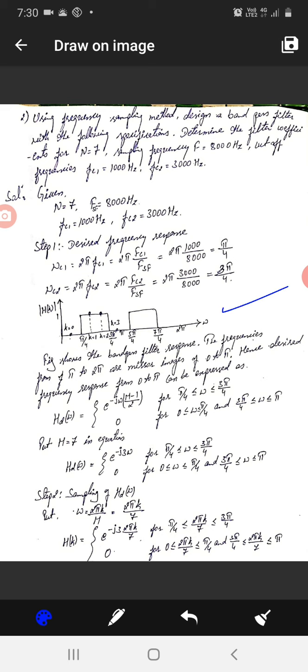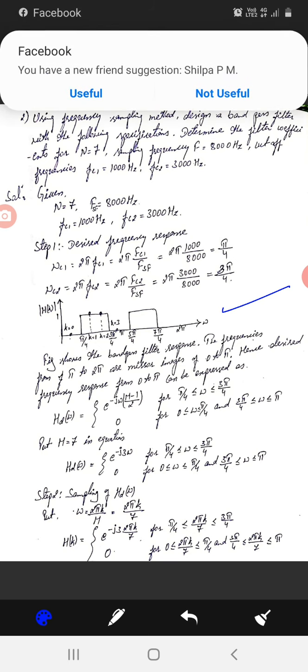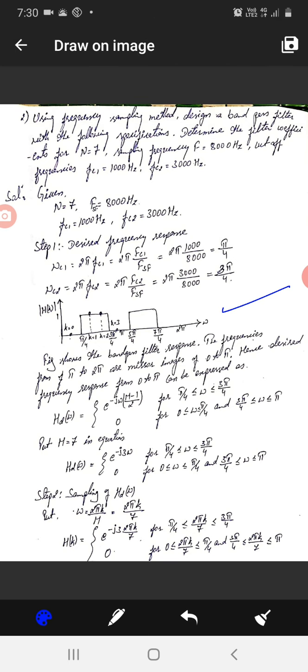Here we have drawn the diagram for this, how a band pass is going. It's not an actual band pass, we take it in an imaginary way for the diagram. Here our H of k is going to vary according to omega. For the band pass filter from 0 to pi by 4, you don't have any signal here.